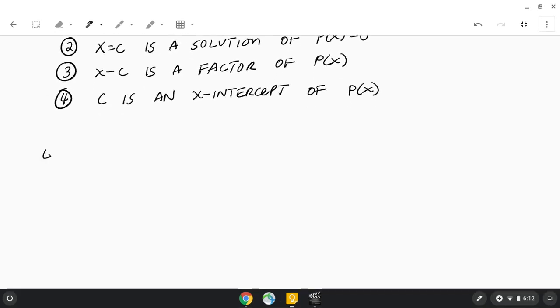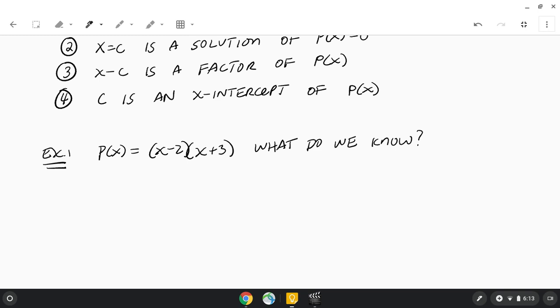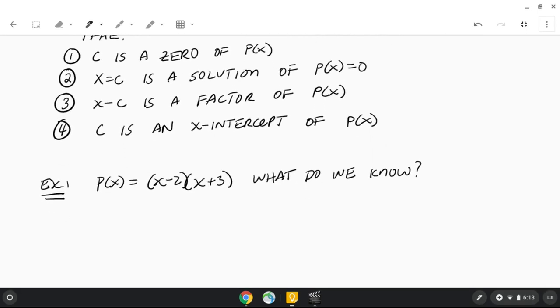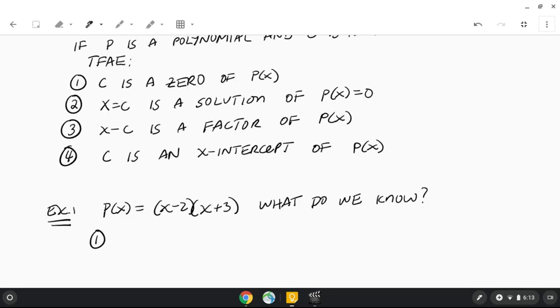Okay, so let's take a look at this example here. Suppose that I have this polynomial, p of x equals x minus 2 times x plus 3. So we have it in factored form, so the question here is, well, what else do we know? Well, according to these four things, let's go through each one of these one by one.